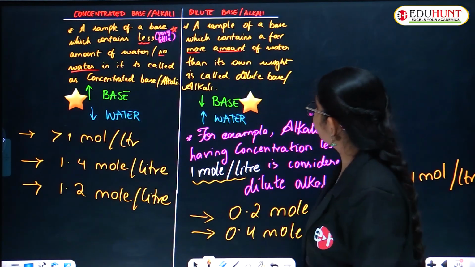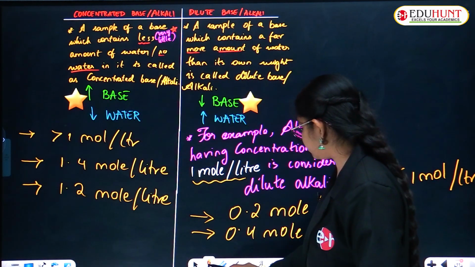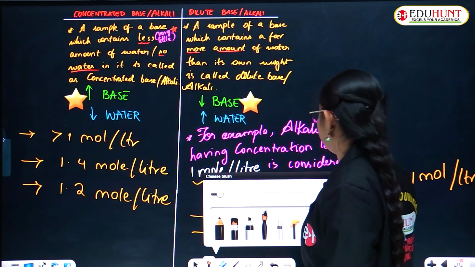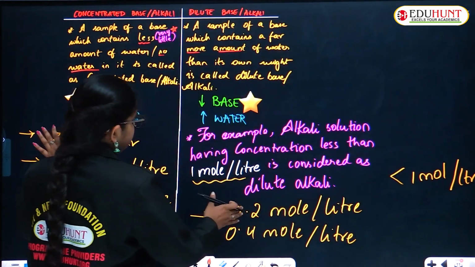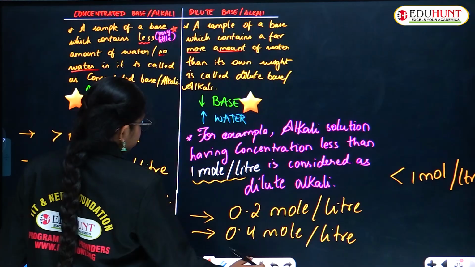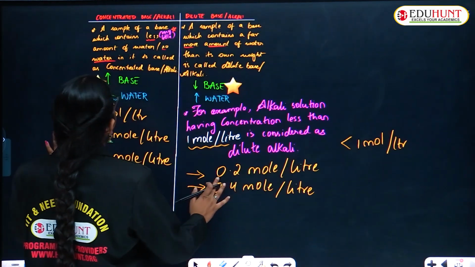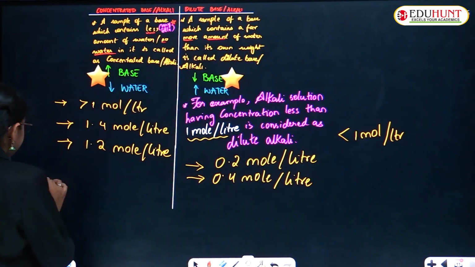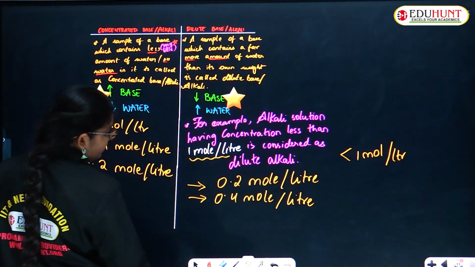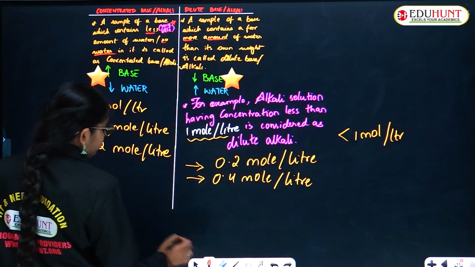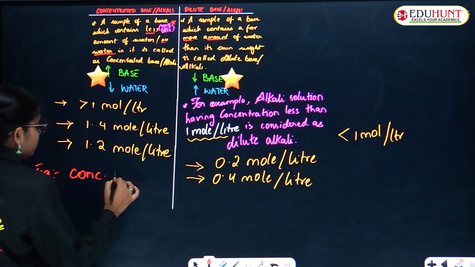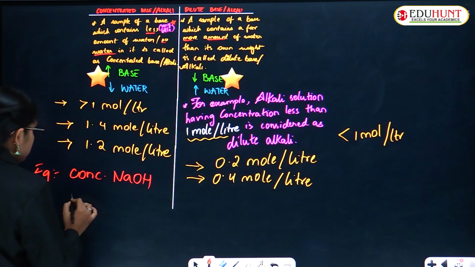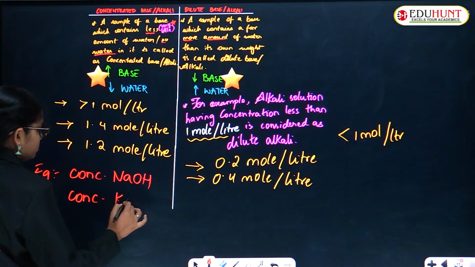Okay, and further examples we can write, like identification, for concentrated base or concentrated alkali, as just simple examples. Examples include concentrated NaOH, concentrated KOH.